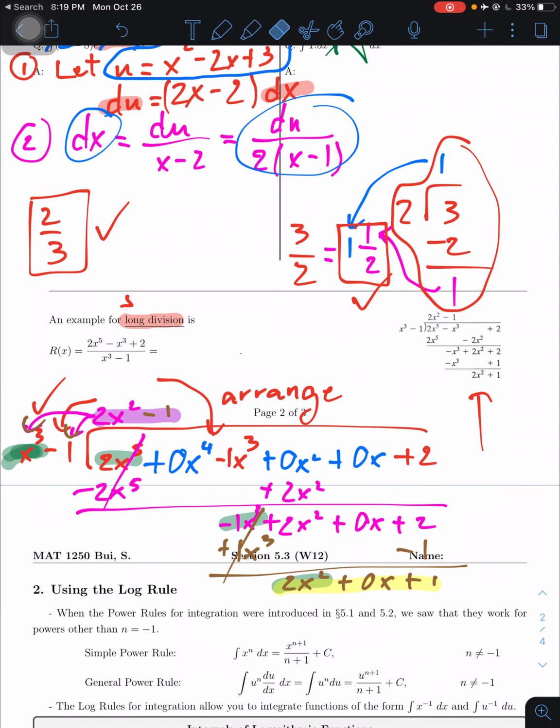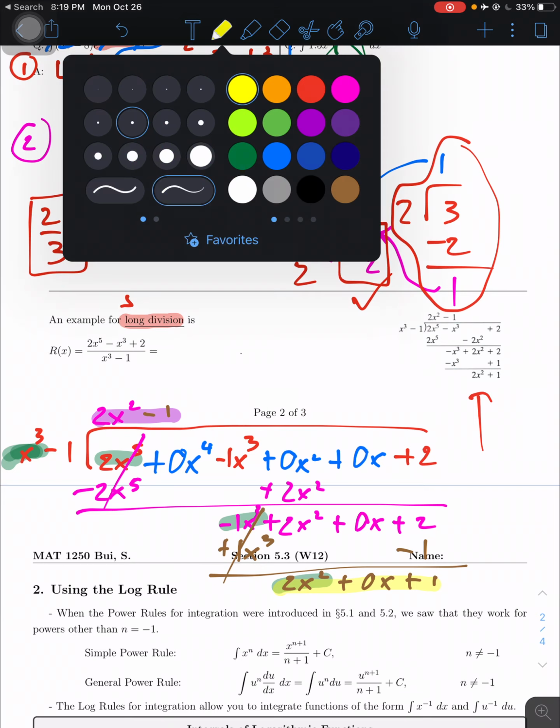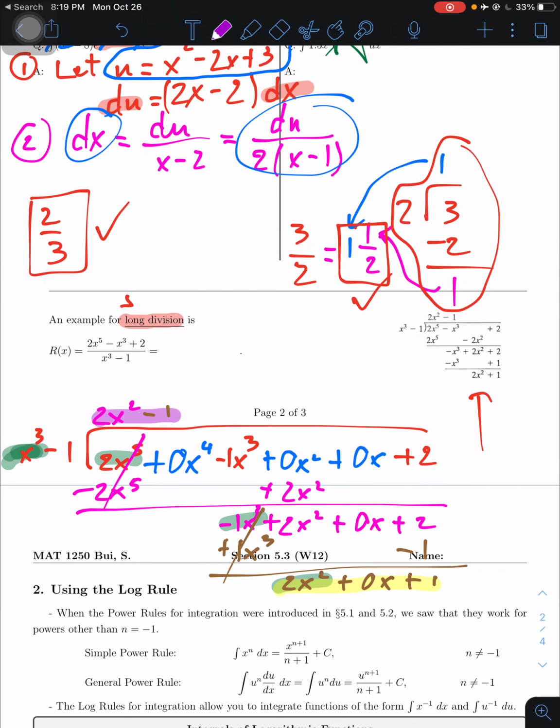Okay, let me take out some arrows in here because it looks like a lot going on. Okay, there we go. That's cleaner. So then the answer in here. First of all, I'm going to copy whatever I have in the purple highlight, which is the answer, which is 2x squared minus 1, right? And after that, I'm going to do plus.